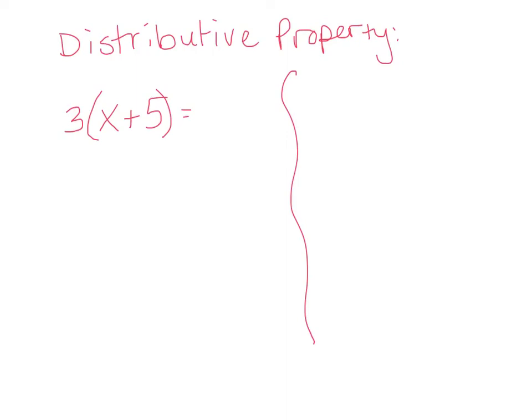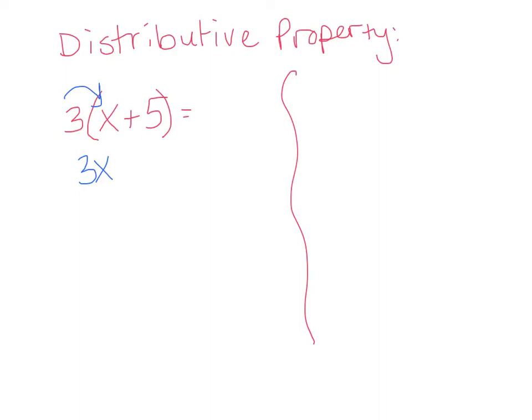So let's look at just a few examples of the distributive property happening. If I have 3 times (x plus 5), I can get this into a simpler form by multiplying 3. This is 3 multiplied by whatever the sum of this is going to be. I can't do the sum of this because of the x, but that's okay. I'll go ahead and multiply 3 times x, and that is 3x.